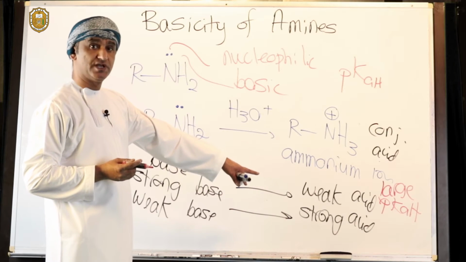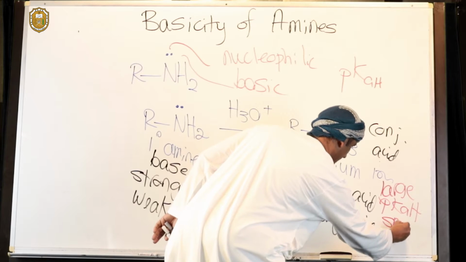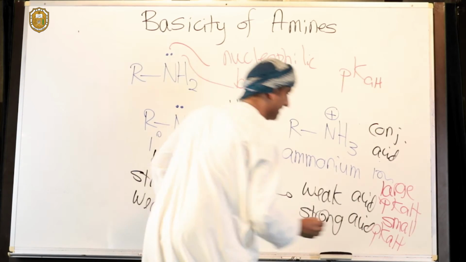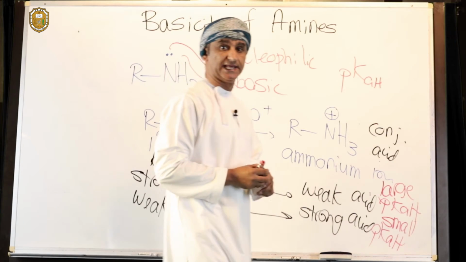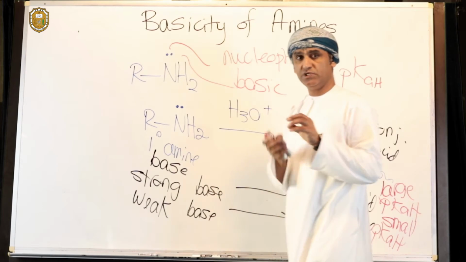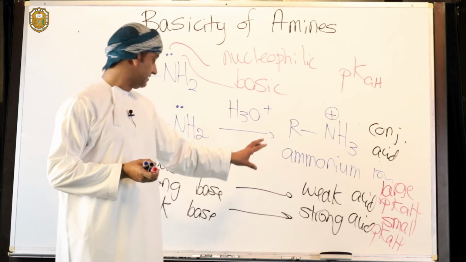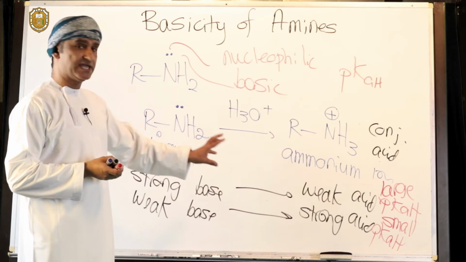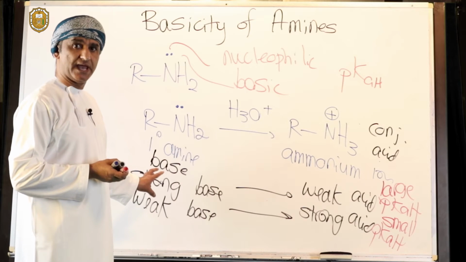If the ammonium ion is a strong acid, therefore it should have a small pKaH, and if it has a small pKaH, therefore the original amine is a weak base. So therefore, we use pKaH. If pKaH is large, then the amine is a strong base. If the pKaH is small, then the amine is a weak base.